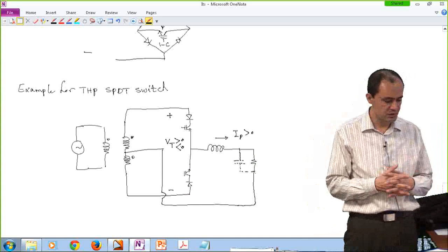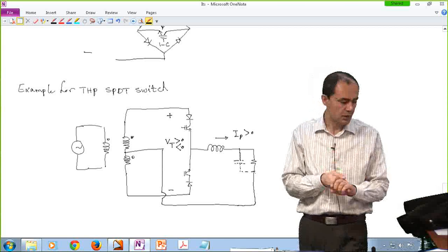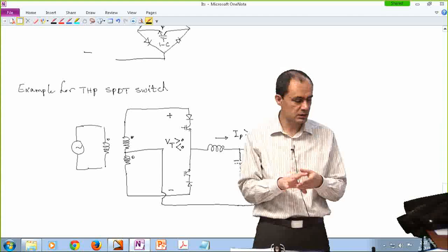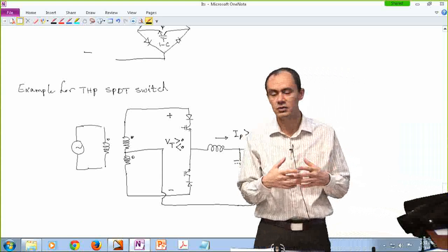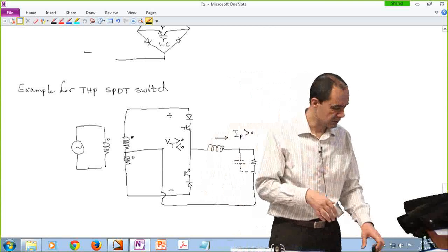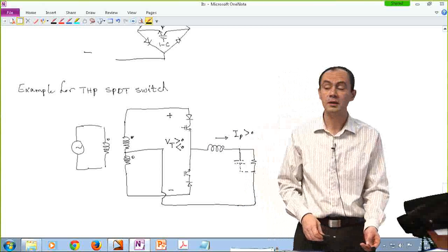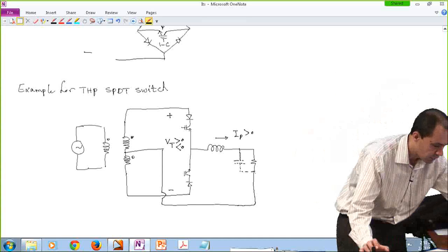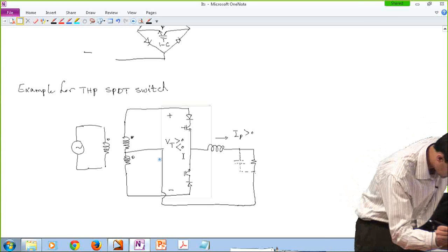So what you can do with this converter, again, you can see there is only one single pole double throw switch. There is a filtering mechanism, like the inductor and the capacitor. In this particular case, like in a buck converter, the L and C were trying to give you the DC component of the signal and eliminate all of the ripple. Over here, they are trying to give you the fundamental component and then eliminate all the other components. I'm sorry, this is a rectifier, so still they are trying to give you a DC component.